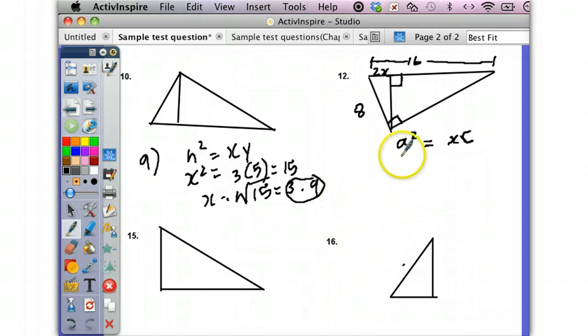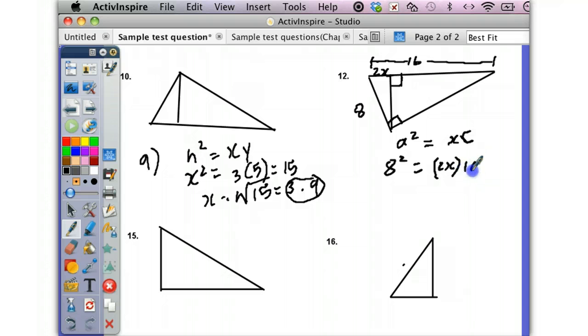So in this one, what would be my A? Bridget, do you remember? It's going to be 8, so 8 squared is equal to, the X would be, Lacey, remember? It's going to be 2X. This little portion of the hypotenuse which is adjacent to the leg is going to be 2X. And finally, Priscilla, the C would be what? 16.